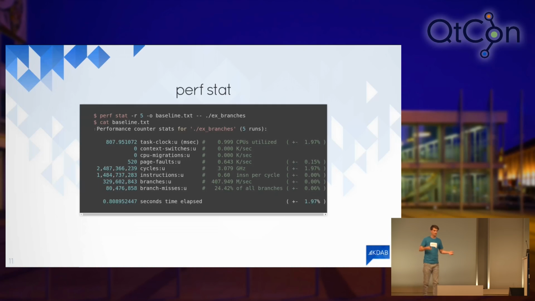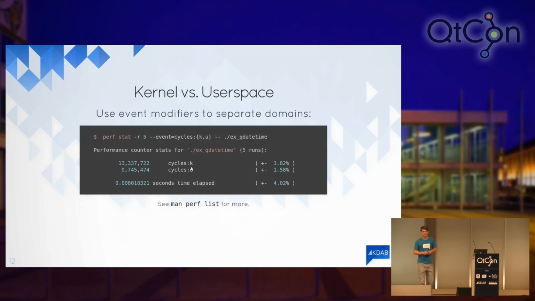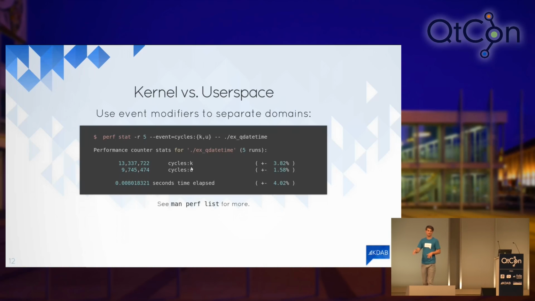Page faults will increase the elapsed time, but won't actually increase cycle counts. Do note that I actually have modifiers here, these :u. I can tell perf to look only at certain events and also split between kernel cost and user space cost.